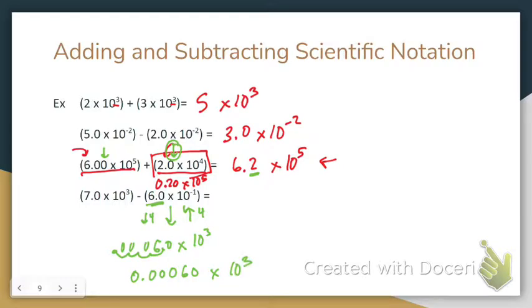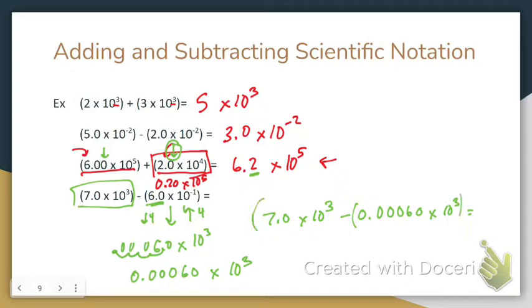All right? So let me recap. I have 7.0 times 10 to the third minus 0.00060 times 10 to the third. If you actually calculate it, you'll get 6.9994 times 10 to the third.